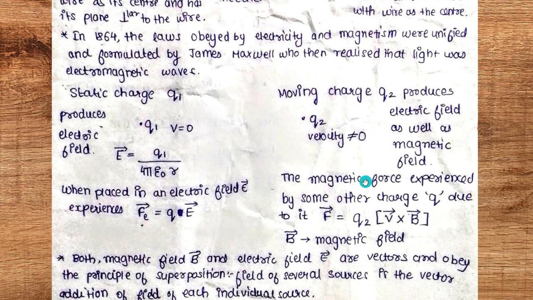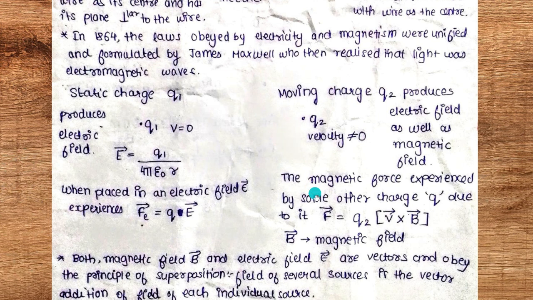So the magnetic force is experienced by some other charge. This Q2 is producing magnetic as well as electric field. Again, if I place some random charge like this blue dot here, it will experience the electric force due to the electric field as well as the force due to the magnetic field. Now, what is the force due to the magnetic field?